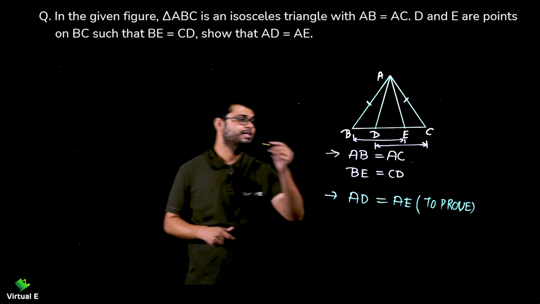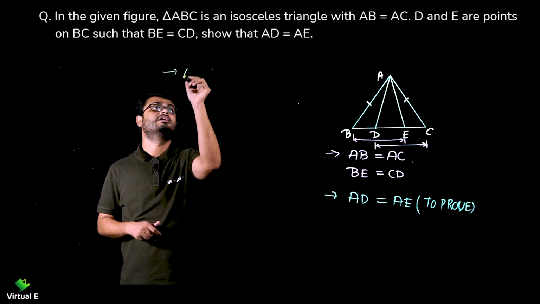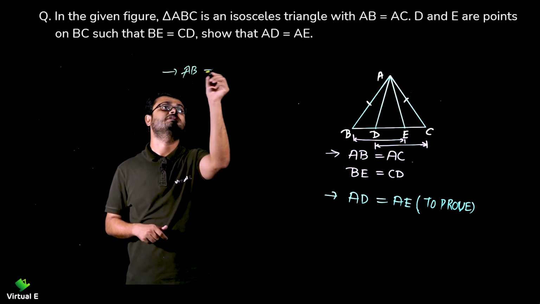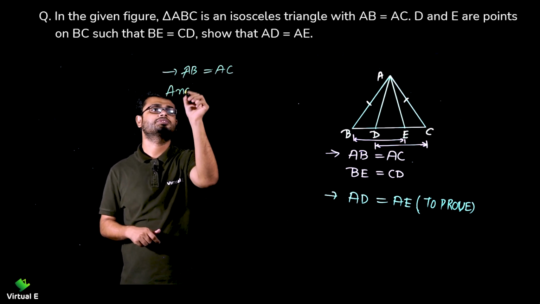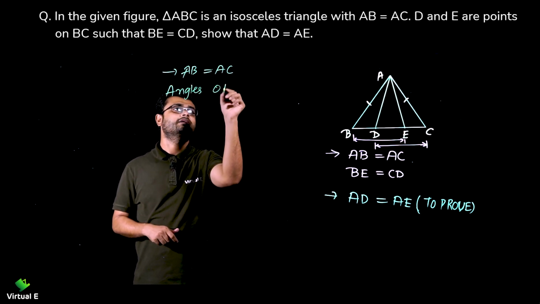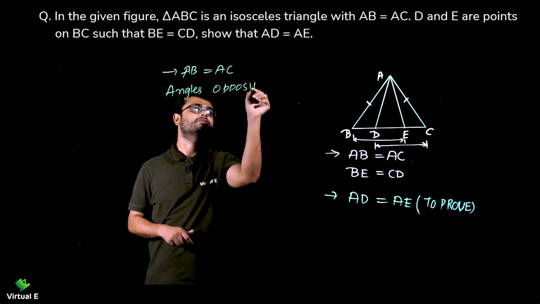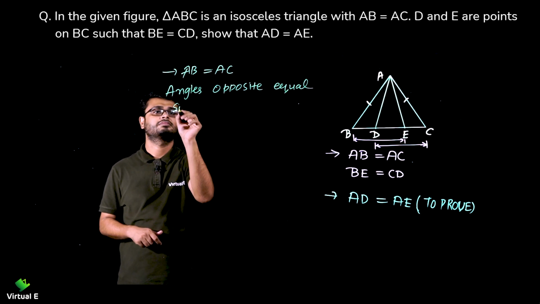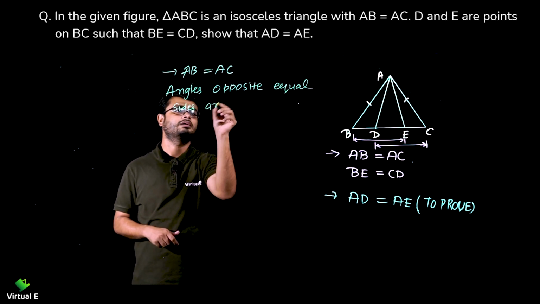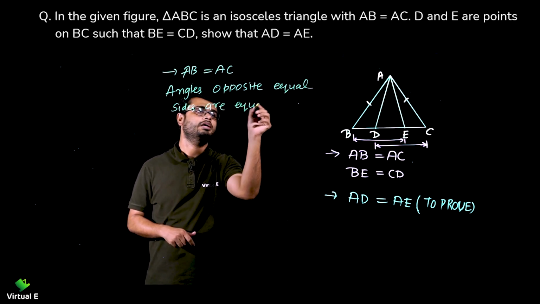First of all, let's take AB is equal to AC. Now let's write: angles opposite to equal sides are equal.